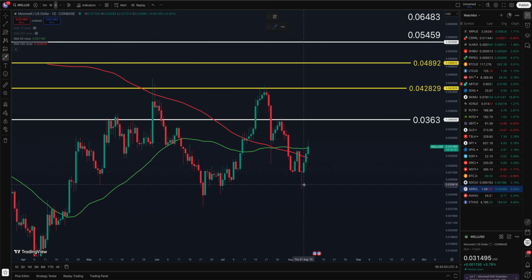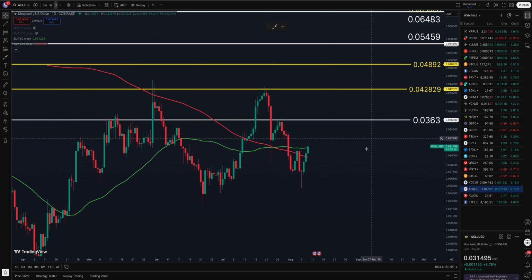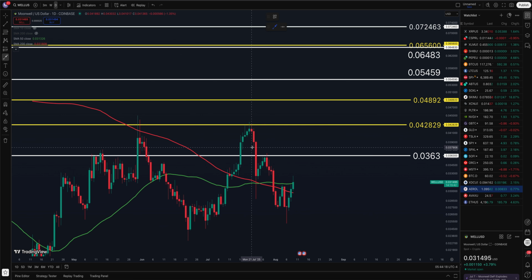Now, we're not going to ignore the resistance here, so they are price targets, but they can act as resistance. 3.6, 4.2, and 4.8. 4.2 happens to fall right into where this market double topped on the 20th of July, as well as the 30th and 31st of May. Above that is 4.8. What we're really looking for in a full move here would be up to right around that 5.45 level, right in here.